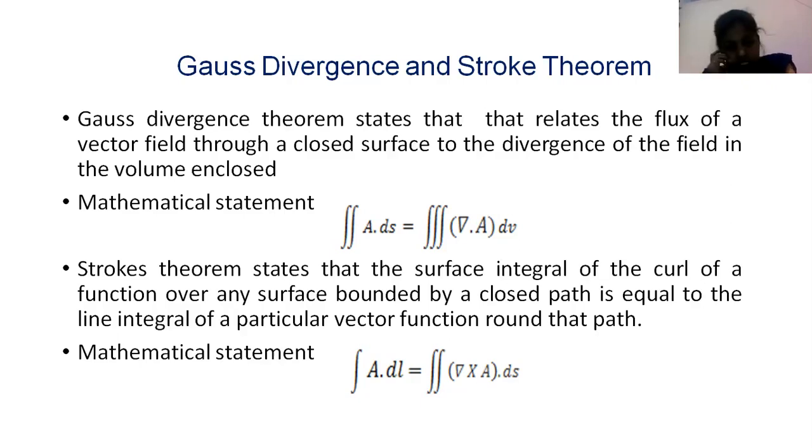Mathematically, surface integral A dot dS equals volume integral del dot A dV. The flux of the vector field through the closed surface is equal to the divergence of the field in the volume enclosed. That is the Gauss divergence theorem.